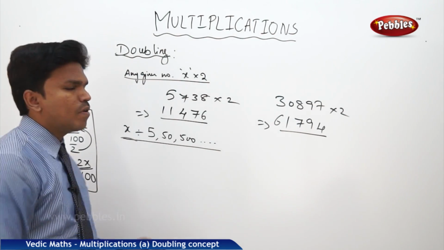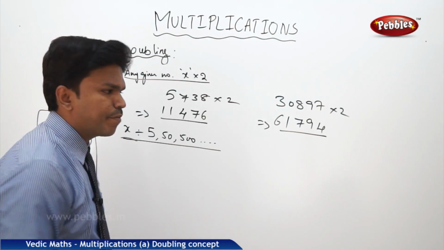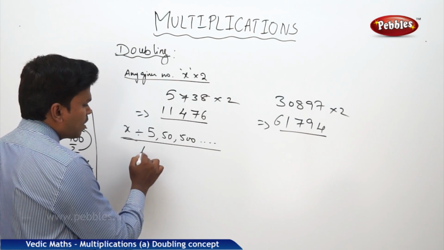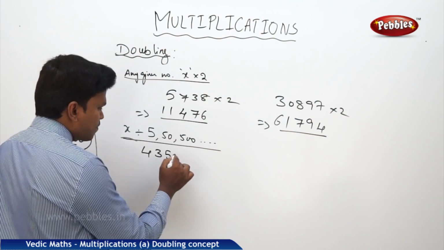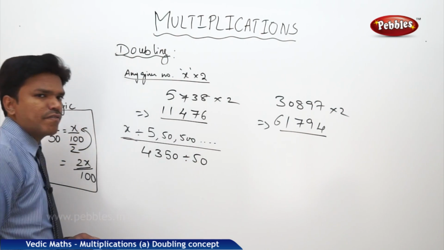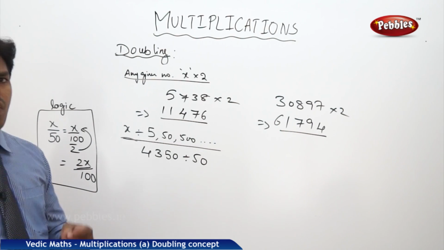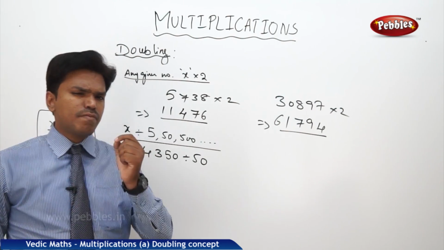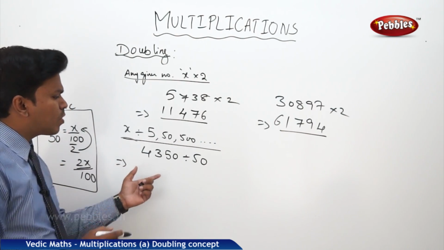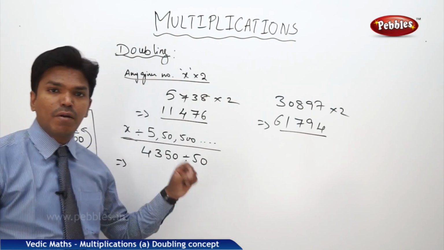Right. Now we will see division by 50. Suppose you want to divide a number by 50, let us take some number, 4350 divided by 50. Here also you have to do the same thing but with a small change. First, whenever you want to divide any number by 50, simply double the number.